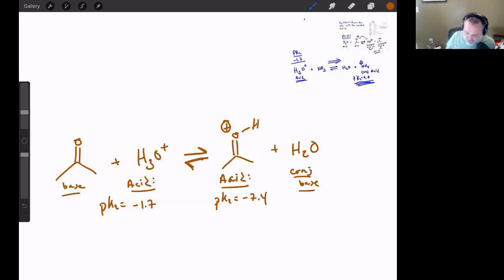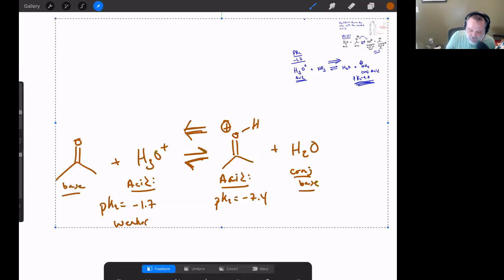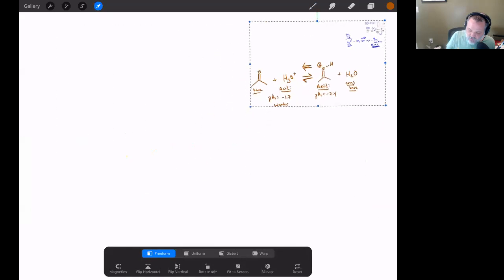And the equilibrium favors the side with the weakest acid. Well, what's weaker between pKa of negative 1.7 and negative 7.4? Well, this one is weaker. So the reaction actually proceeds more in the reverse direction than it does in the forward reaction. It's reactant favored.